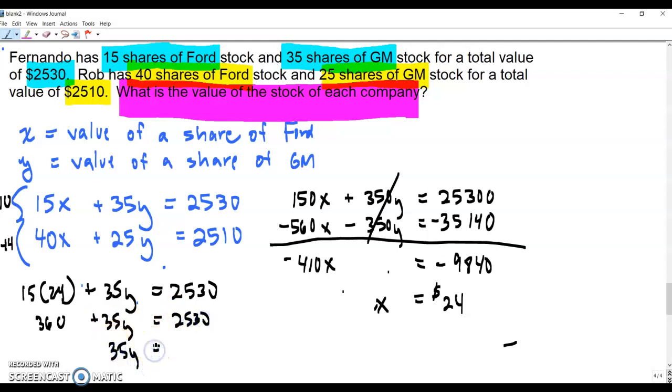Subtract 360 from both sides. You get 2,170. Divide both sides by 35. I get 62. So Ford sells for $24 per share, and GM sells for $62 per share.